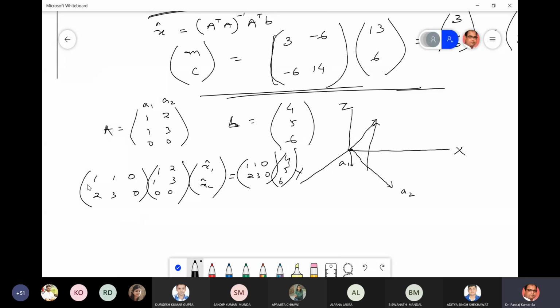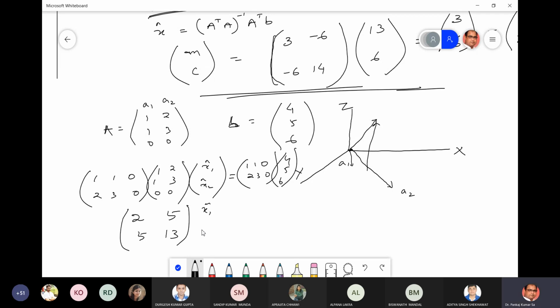So this becomes 1 1 0 times 1 1 0, which is 2. 2 and 5. And this one is a bigger number: 2 into 2 is 4, 3 into 3 is 9, 13. Last one is 0.